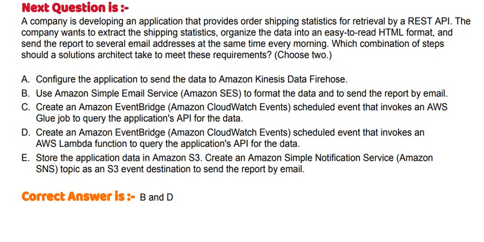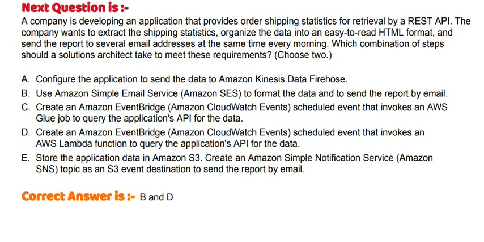Option A. Configure the application to send the data to Amazon Kinesis Data Firehose. Option B. Use Amazon Simple Email Service to format the data and to send the report by email. Option C. Create an Amazon EventBridge scheduled event that invokes an AWS Glue job to query the application's API for the data.